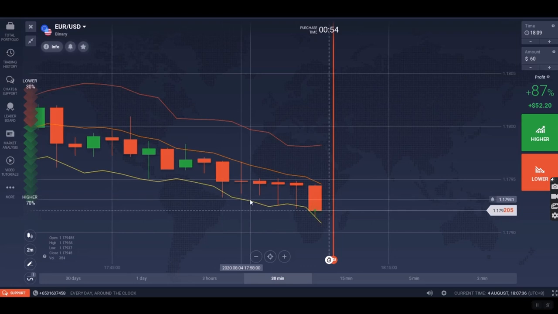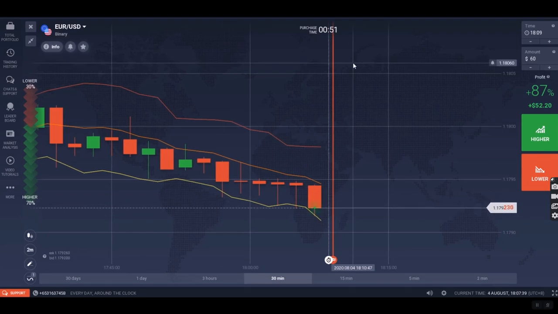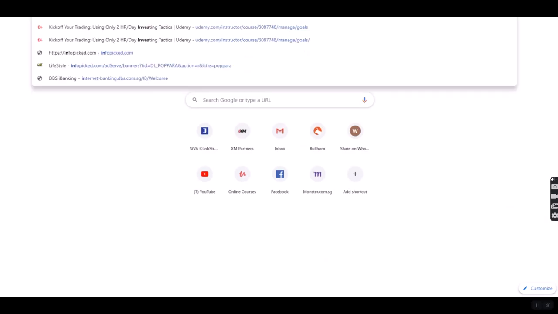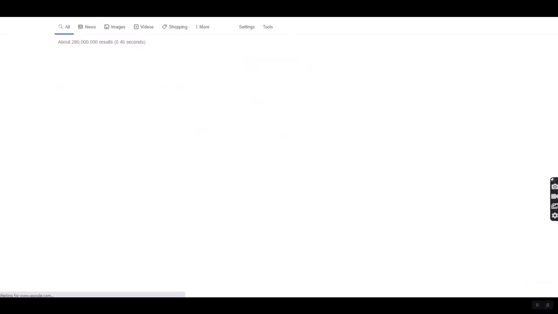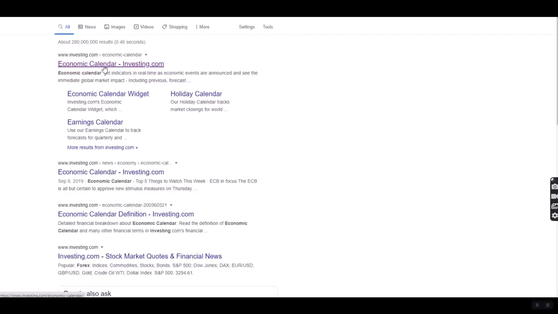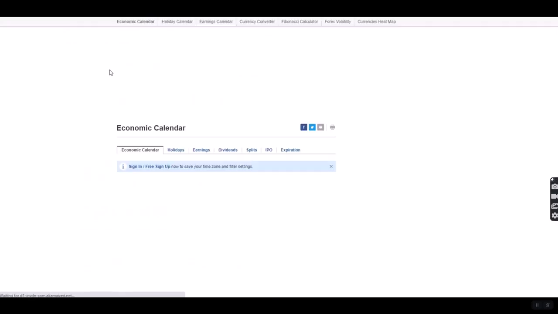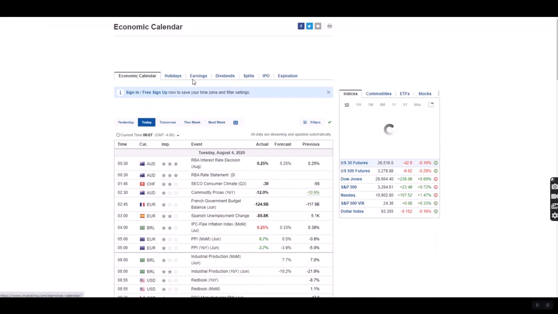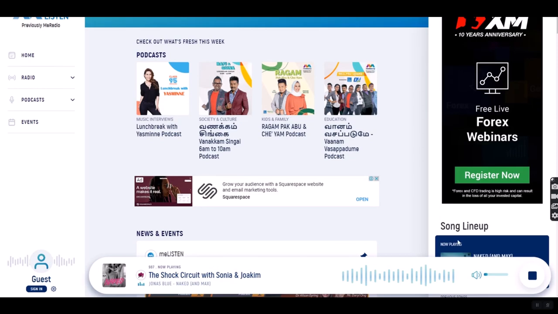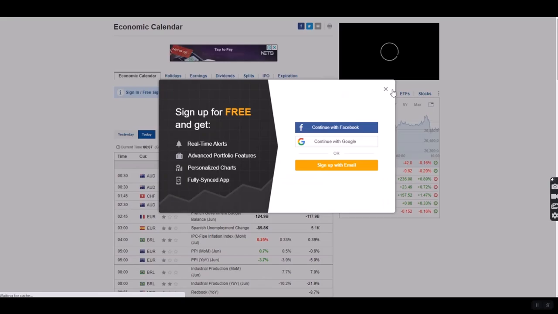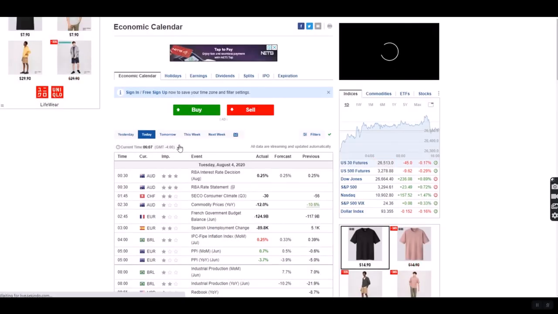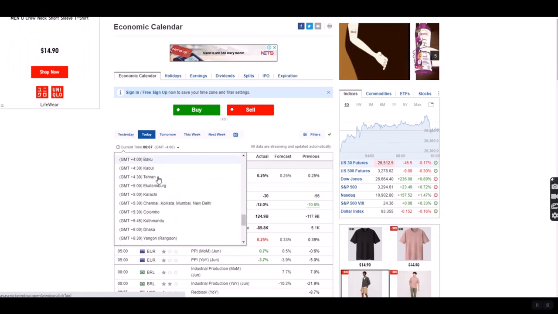As of now, you can see that the market is actually moving because of economic news. When you go into the investing.com economic calendar, you can just Google it and click the first thing you see. Change your timing back to your own GMT timing.